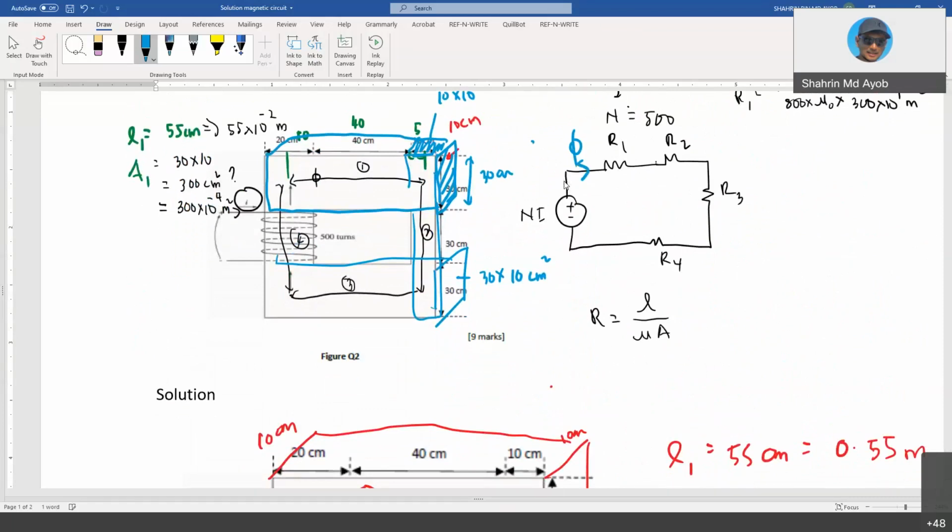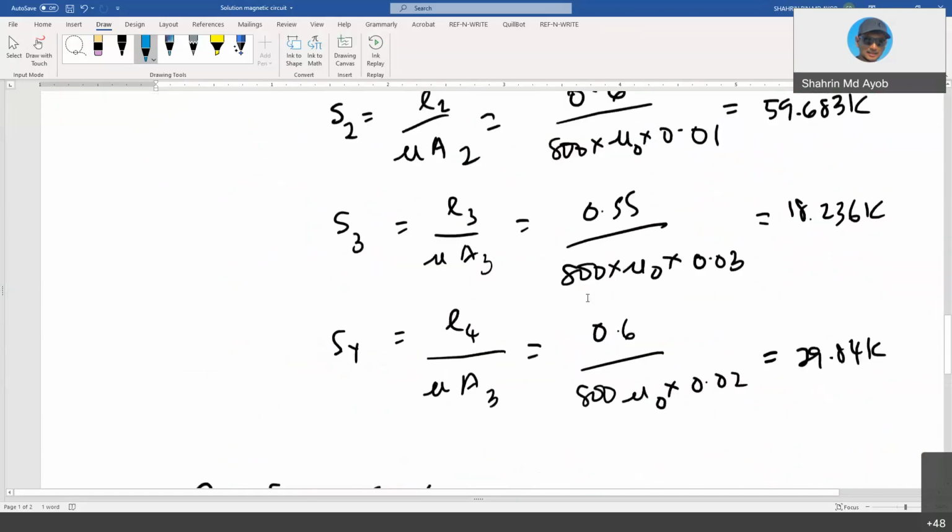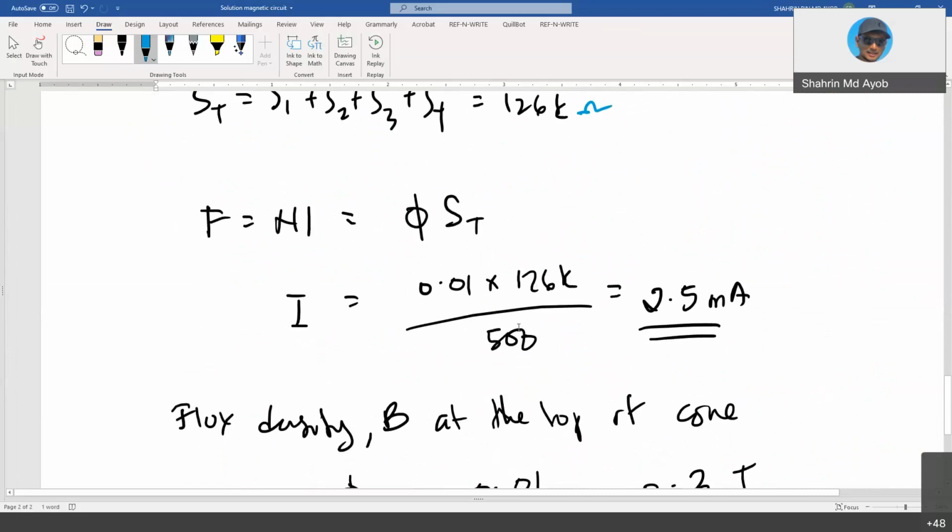So Ni is equal to flux multiplied with the total of your resistance. From that, you can calculate your current, which is 2.5. So meaning that to generate 0.01 Weber, you require a current of 2.5 milliamperes.